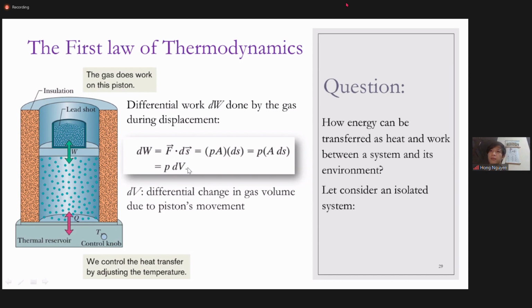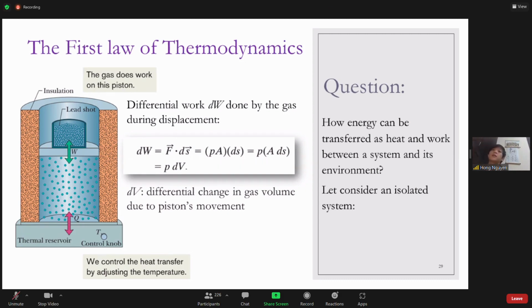Okay? Yeah, because the area times the distance, the displacement, is actually the volume. Do you understand until here? dV is actually the differential change in the gas volume due to the piston's movement.